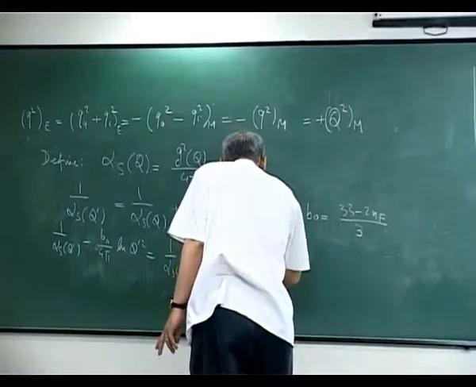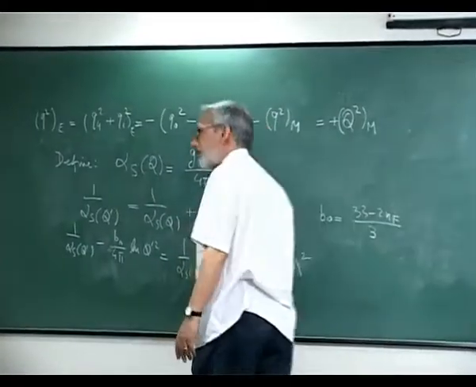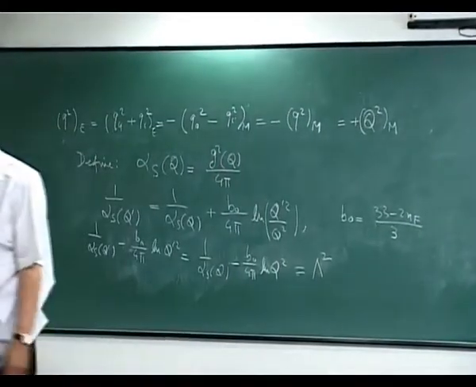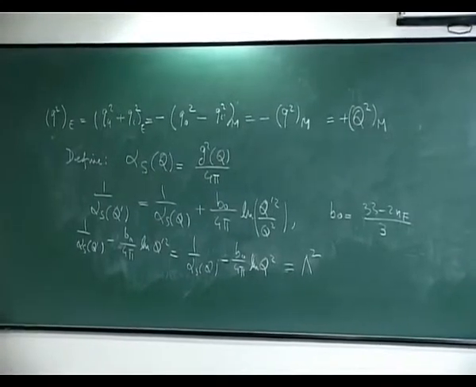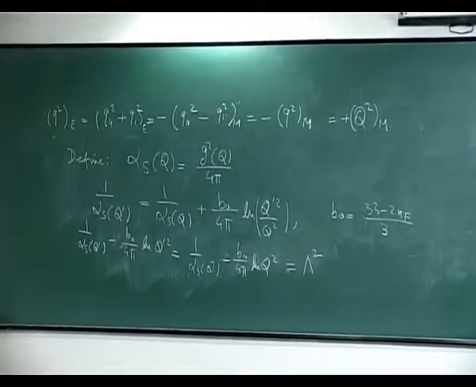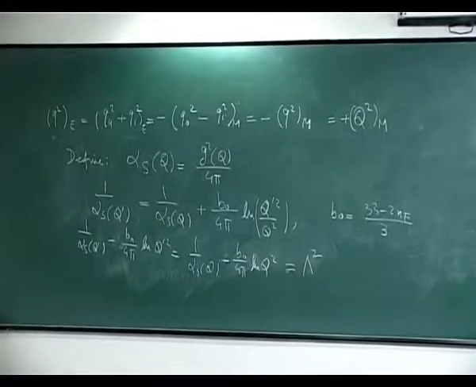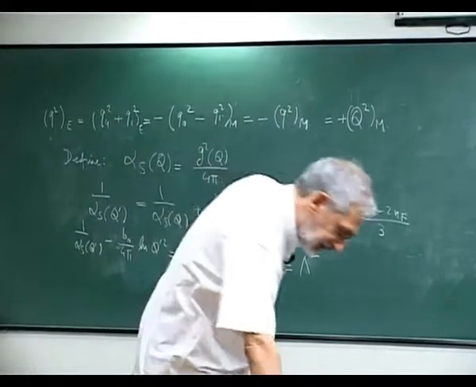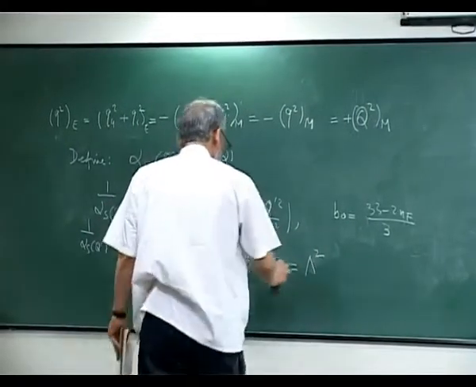Let me give a name to that combination, which is momentum independent, some constant. Well, let me not call that lambda, but call it some constant.